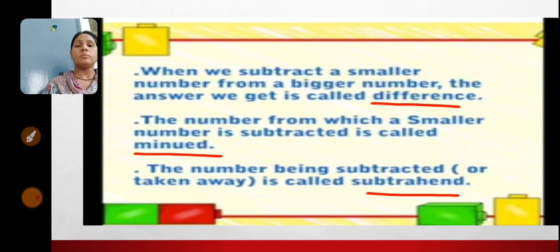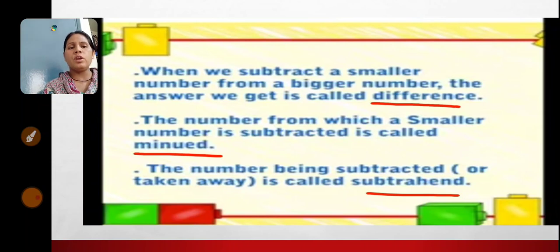For example, you are given 2 numbers, 5 and 3, and you have to subtract 3 from 5. Which one is bigger? 5 is bigger. It means 5 is the minuend, and 3 is the smaller number.